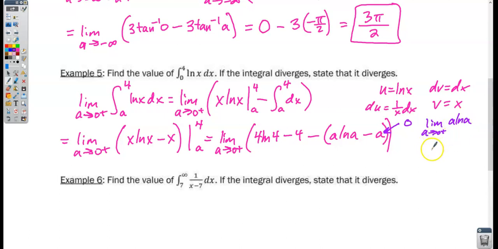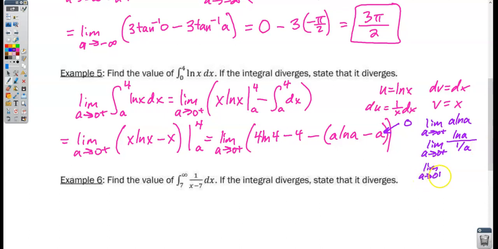I'm going to turn it into an infinity over infinity indeterminate form by making this the limit as a goes to 0 from the right of natural log of a over the quantity 1 over a. And then we apply L'Hopital's rule and take the derivative.